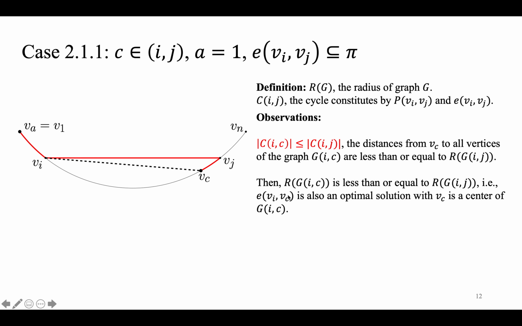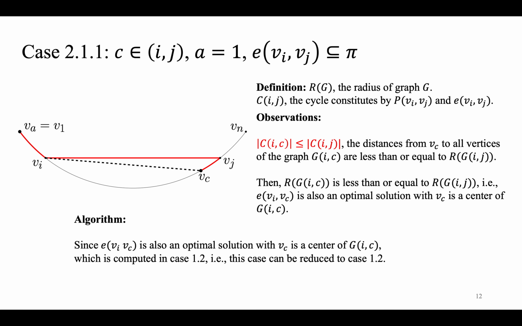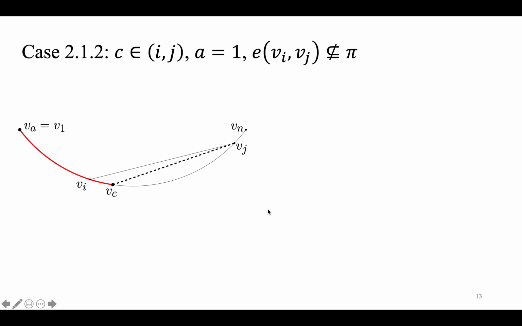This implies the radius of the graph Gic is less than or equal to the radius of the graph Gij, which means ViVc is also an optimal solution, with Vc being the center of the graph Gic. So we don't need to compute an optimal solution for this case, because this case can be reduced to case 1.2.